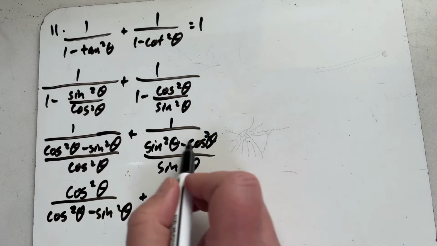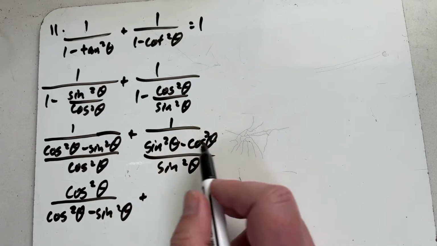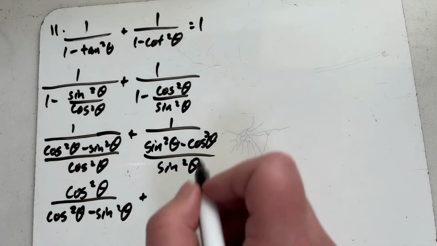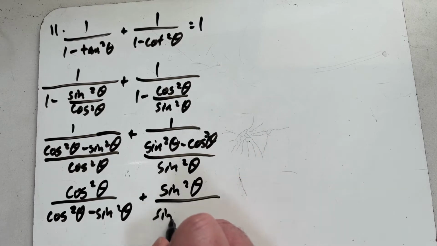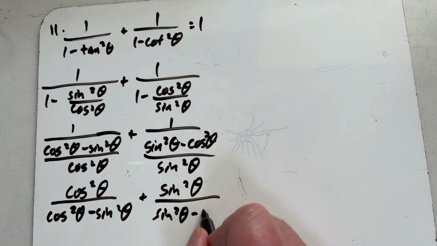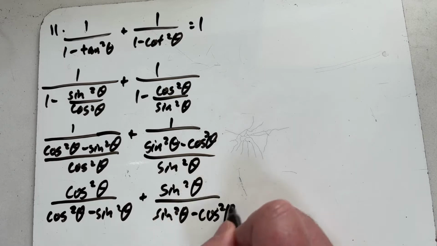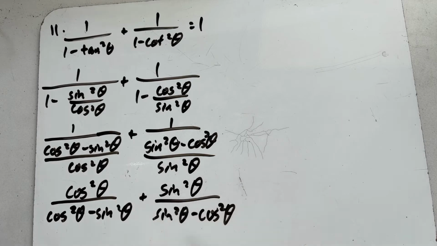Same thing here. We're going to do 1 divided by this denominator, which means we're going to do 1 times its reciprocal. And it looks here like we can just make the numerator into 1, right? Cosine squared plus sine squared. Only problem is our denominators are not the same. They're close, but they're not the same.